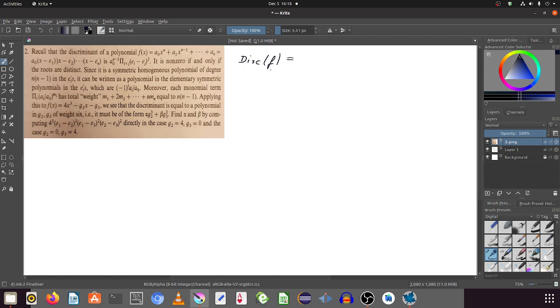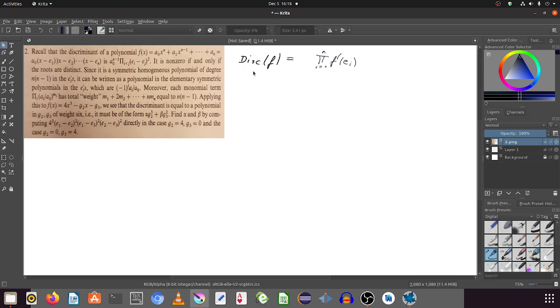Yeah, that's nice. It's the product of the derivative of the roots, and this doesn't depend on the leading coefficient, or it does depend on the leading coefficient.